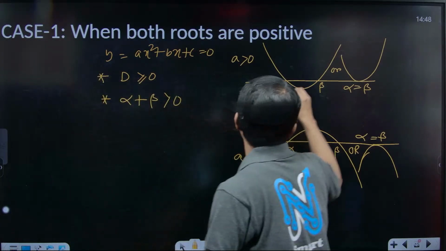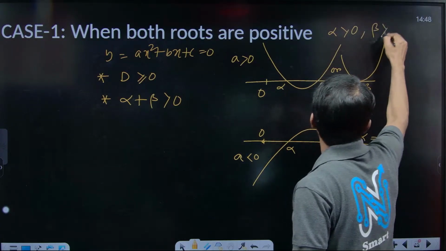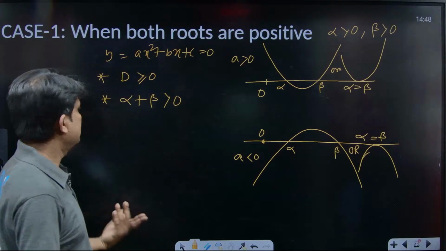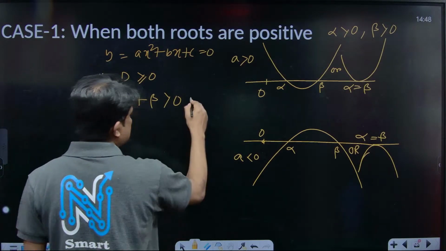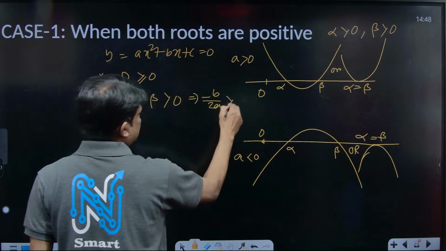Alpha is strictly positive, beta is strictly positive, that means the sum of roots is also positive, means minus b by a is strictly positive.